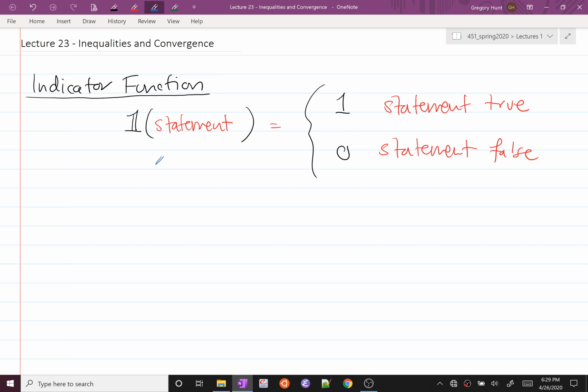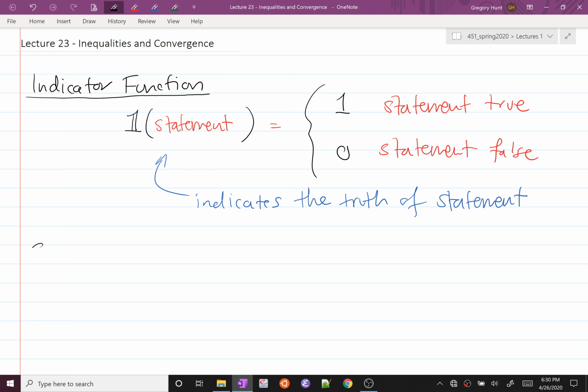So this indicator function indicates the truth of the statement. It just gives a 1 if the statement is true and a 0 if the statement is false.